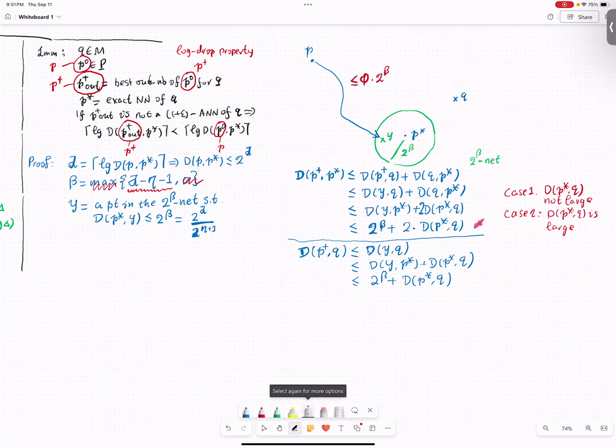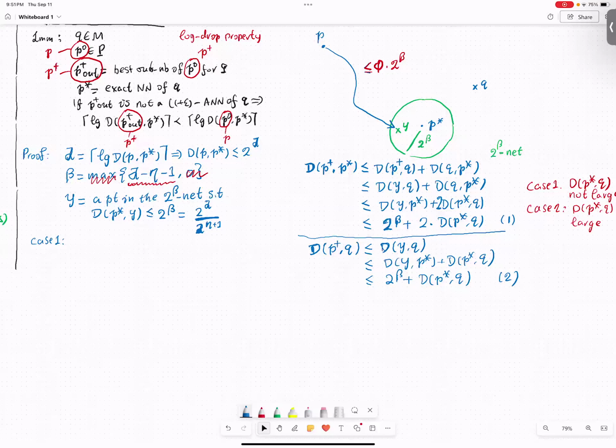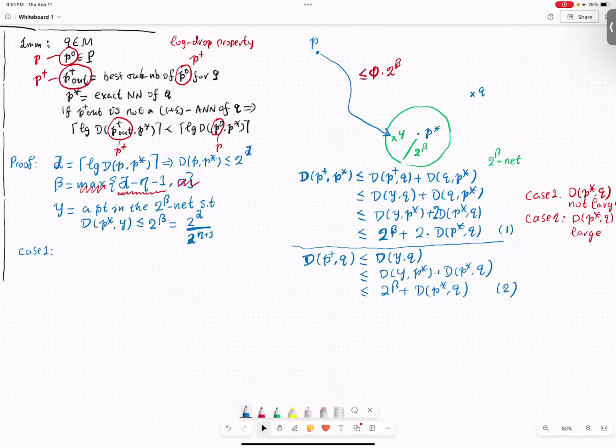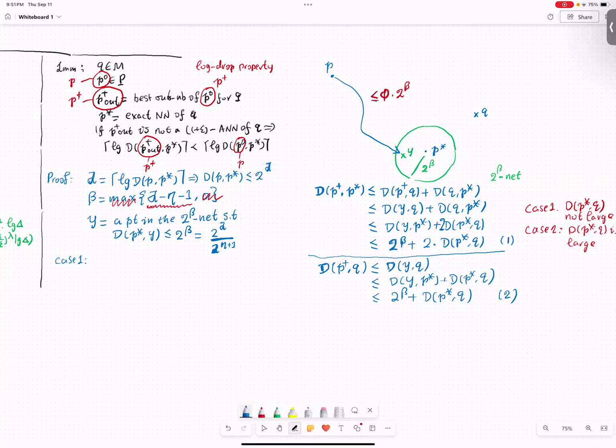This is inequality 1, and this is inequality 2. Now we're going to consider two cases, corresponding to the two cases here. Case number 1: in this case, we consider that d(p star, q) is not very large.